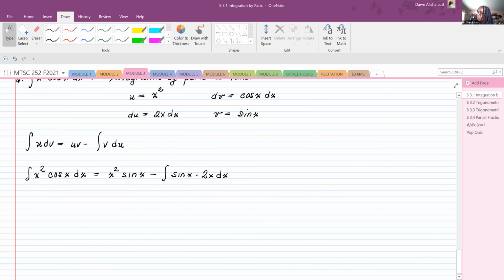So we have the integral of x squared cosine x dx is x squared sine x minus 2 times the integral of x sine x dx. So what is this?